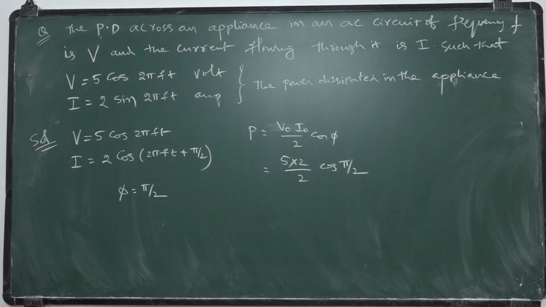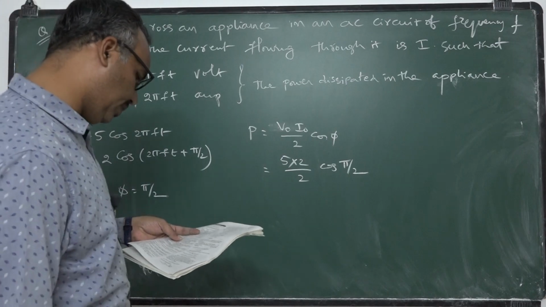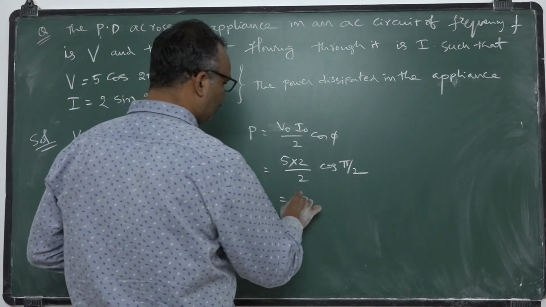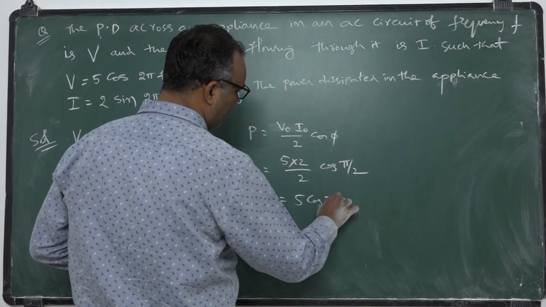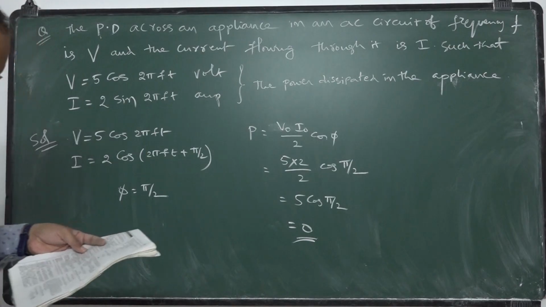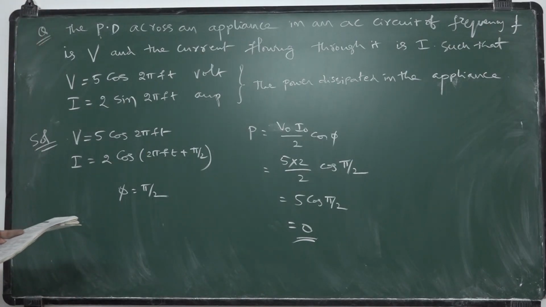As cos 90 is 0, the power consumption is 0. That is 5 cos pi by 2, that is 0. So the power consumed in the circuit is 0. So this is the way in which we need to solve the problem based on power in alternating current circuit.